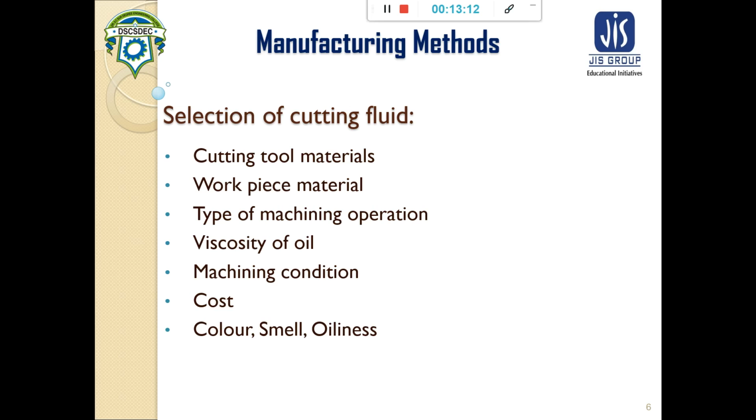Depending upon which cutting tool material we are using, the application of the cutting fluid varies. For example, as I said earlier, if we use a ceramic cutting tool, the operation is dry machining, or dry manufacturing, where no cutting fluid is used.